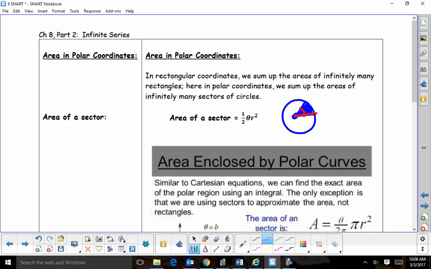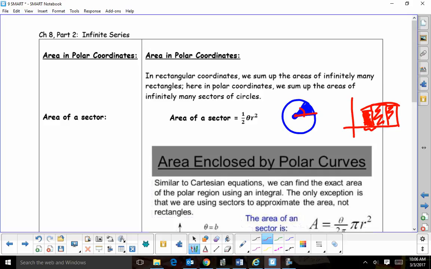The area of a sector is kind of like when we were doing Riemann sums and taking the areas of rectangles. If we had some curve, we took all these rectangles and added them up. As the width of these rectangles gets smaller and smaller, we're doing the instantaneous, and that's when we integrate.